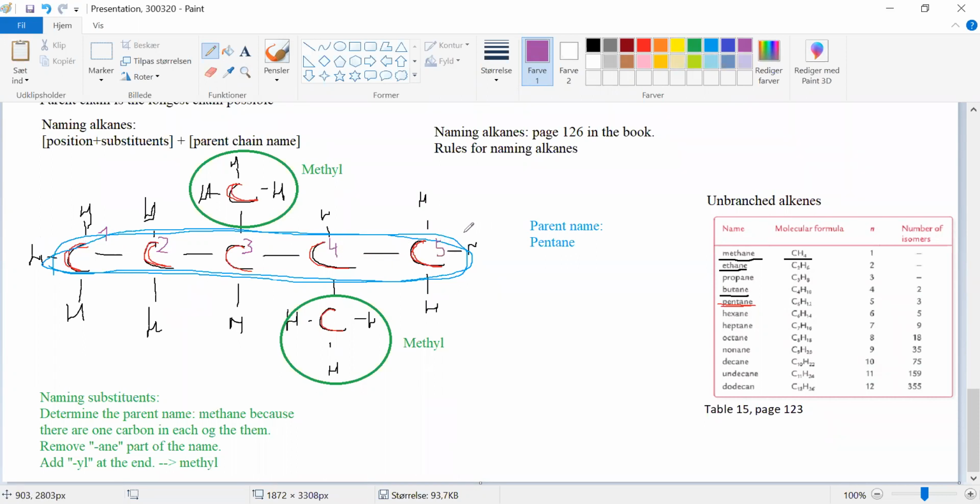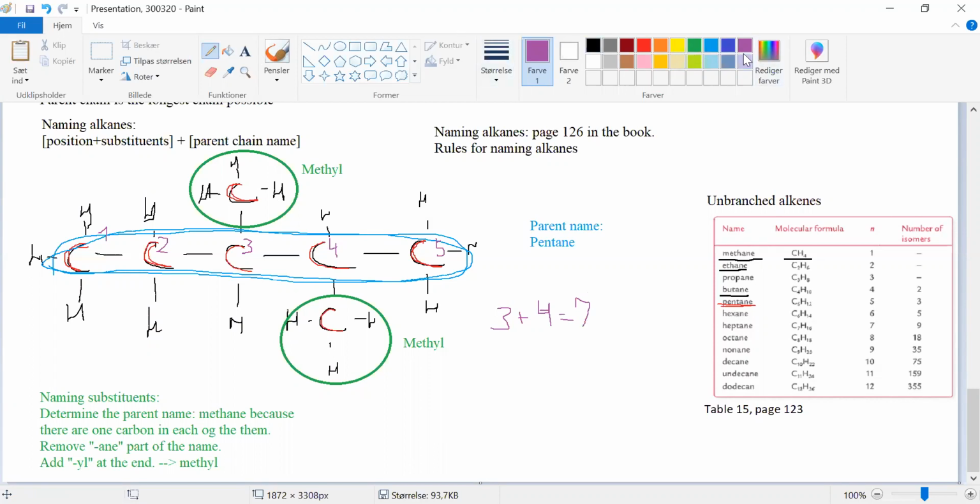So the alkyl groups need to have these lowest possible numbers. And here we can see we have a methyl group on carbon 3, and we have a methyl group on carbon 4. And if we add them together, 3 plus 4, it adds to 7.